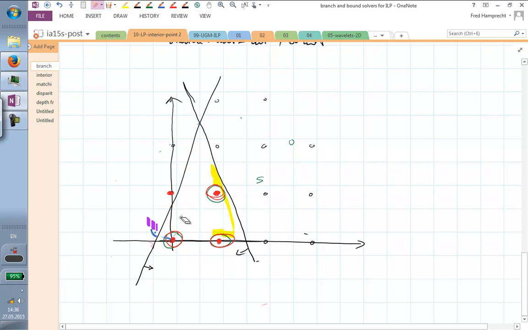You can also just redraw the thing, probably easier.